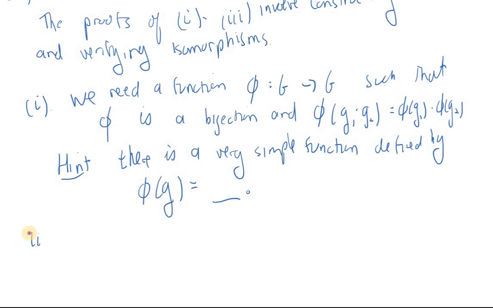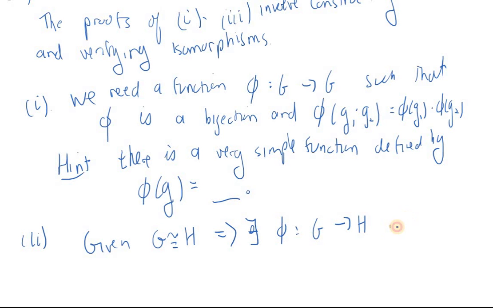Part 2, what I can say is you need a function. So in part 2, you're given G is isomorphic to H. That means there exists a phi from G to H, which is an isomorphism.